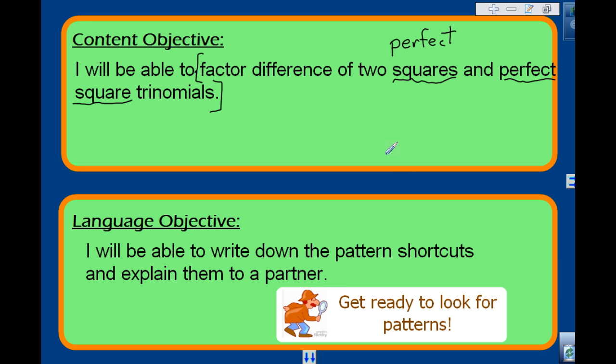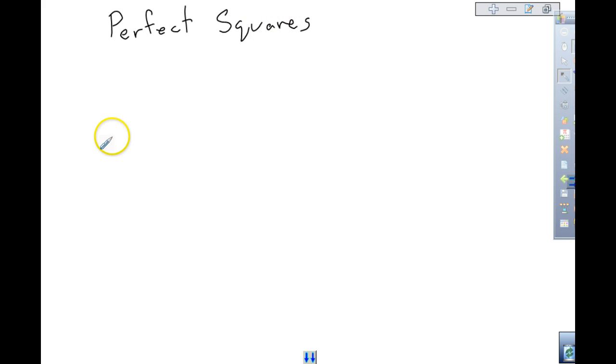All right, I'm going to give you a list of numbers that are the perfect squares, and let's see if you can identify the pattern of what it means. So you can make a list of perfect squares. First one is 1. Next perfect square is 4. Next one is 9.